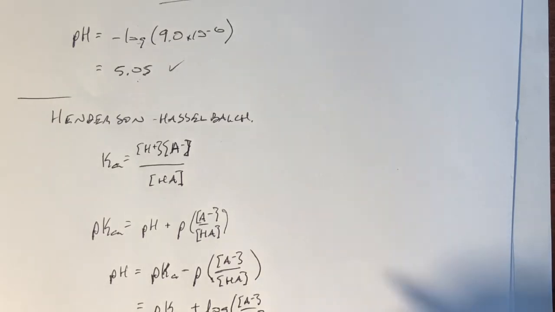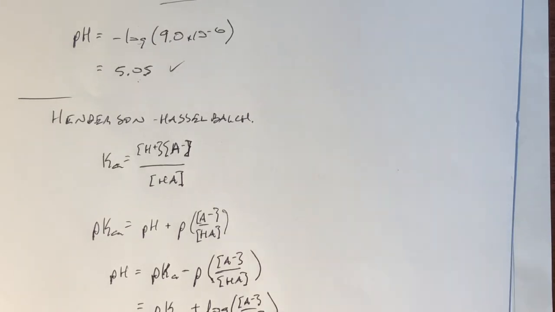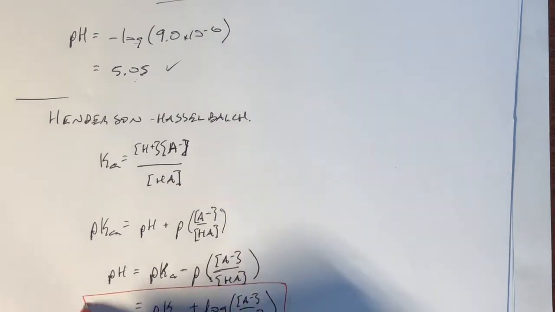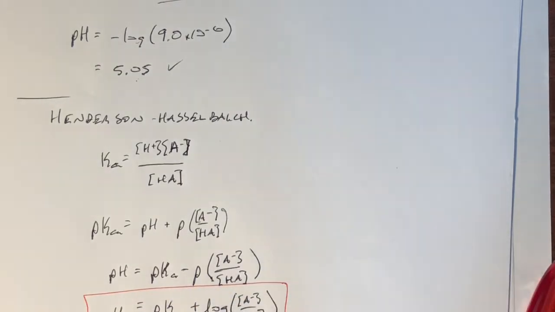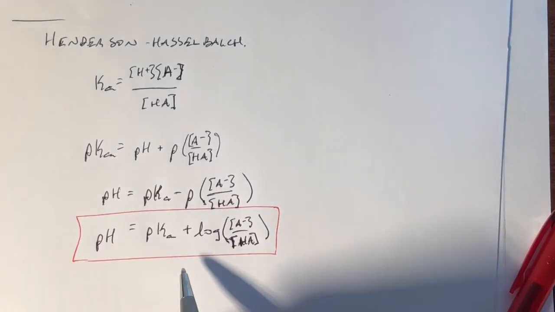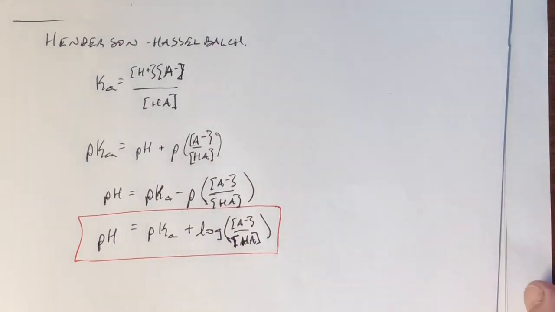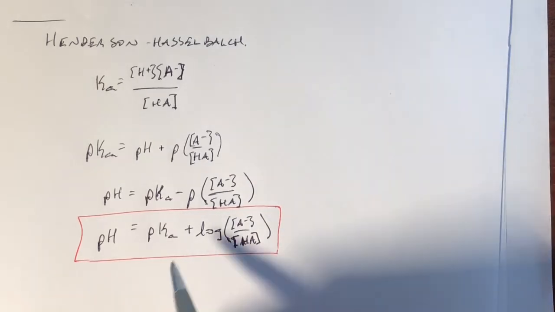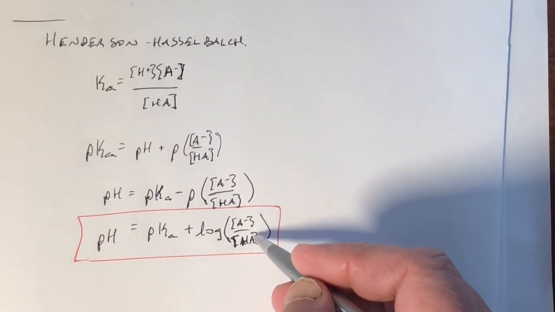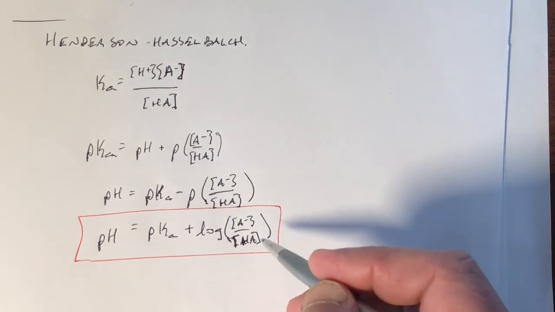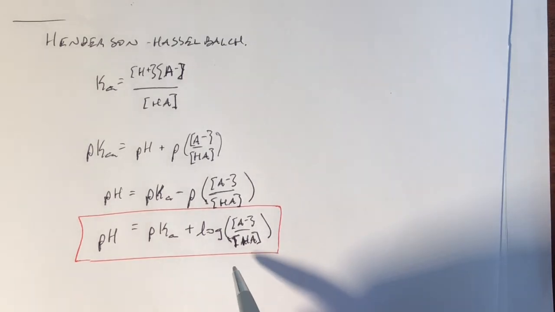So anybody that took biology or chemistry more than a couple of years ago would always see this as the equation for calculating pHs of buffered solutions. And it's the same equation, it's just more of a log form than what our textbook uses. But again, pH equals pKa plus log concentration A minus over concentration HA. And this is called the Henderson-Hasselbalch equation.